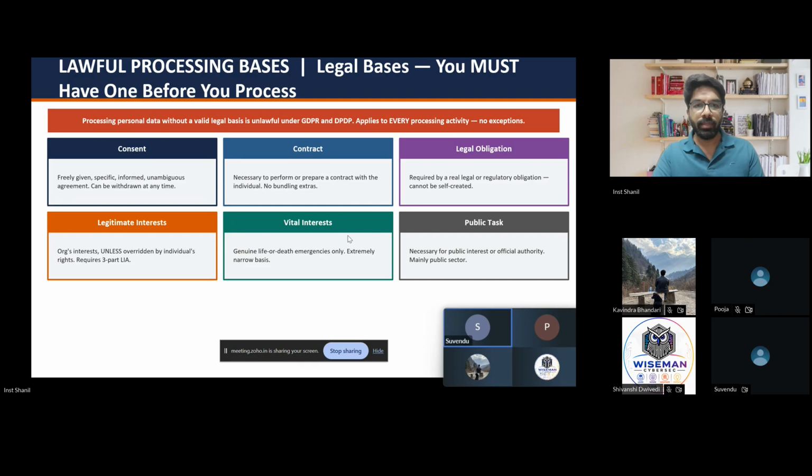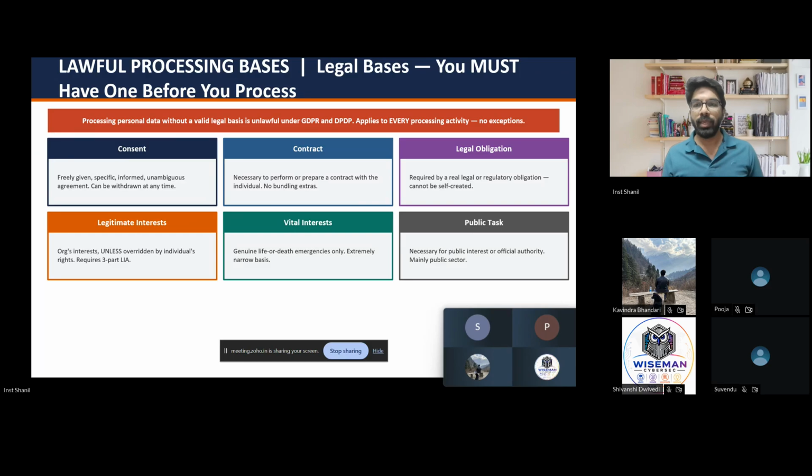And then vital interest: genuine life or death emergencies only, an extremely narrow basis. If your personal data breach can cause a life or death situation, then obviously you can raise a complaint against that particular data holding. And then public task: necessary for public interest or official authority. You must have heard about public interest litigations.